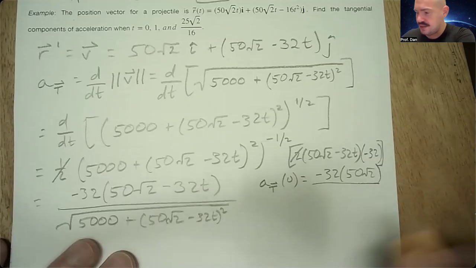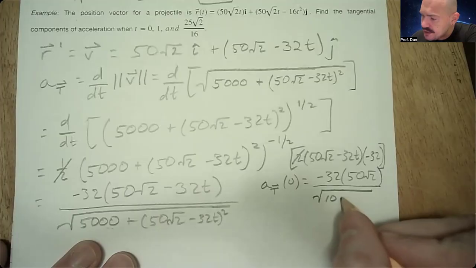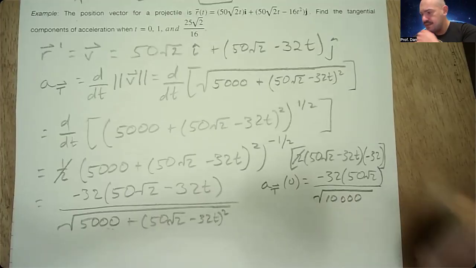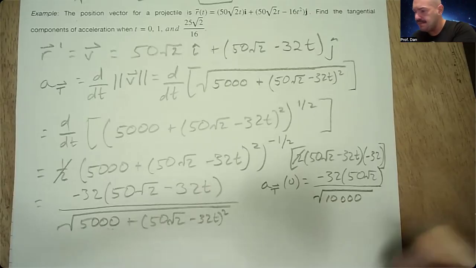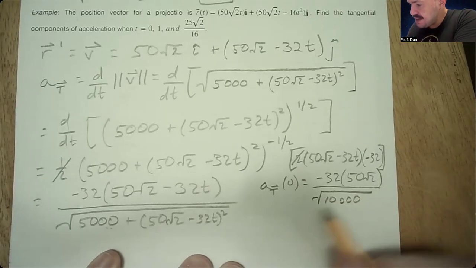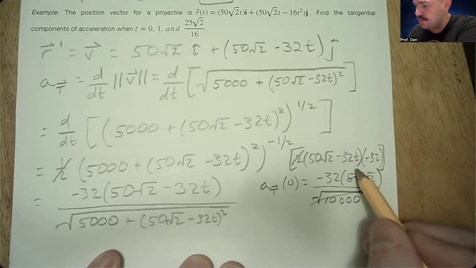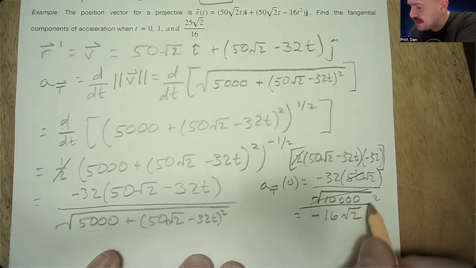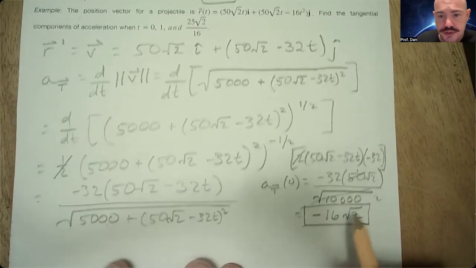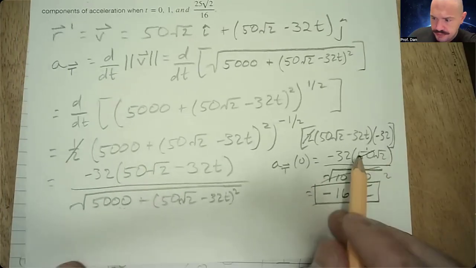So if I add that to the 5,000 that's already there, we get the square root of 10,000, which is equal to 100. So if that's 100, then this will reduce to 1 over 2, and 32 divided by 2 gives me 16. So the fully simplified answer would be negative 16 square root 2. And that's the tangential acceleration when t is 0.